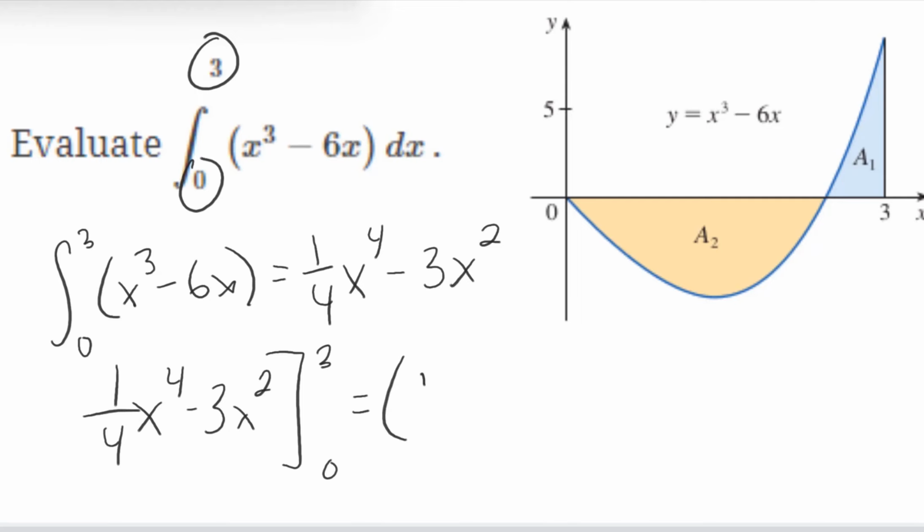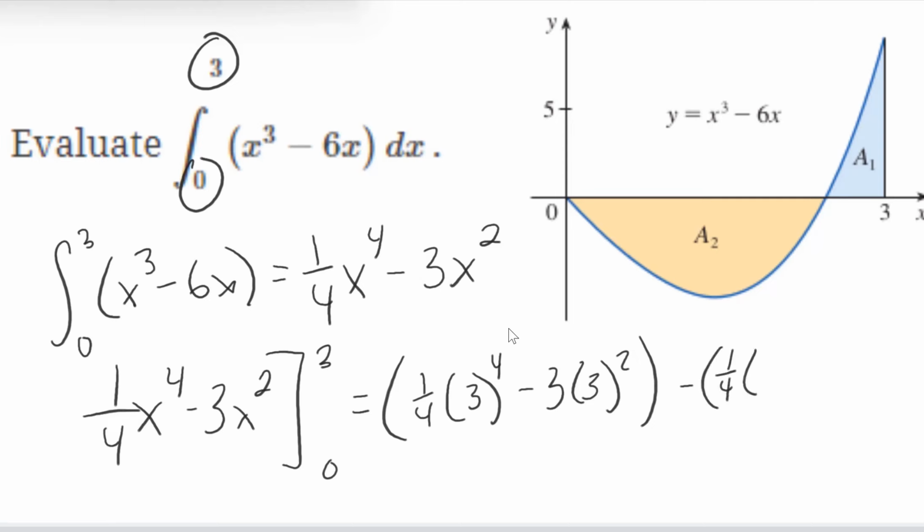So we're going to plug in 1/4 x to the fourth, and we're going to plug in 3. And then we have 3 times 3 squared. And then we subtract the 0 one.